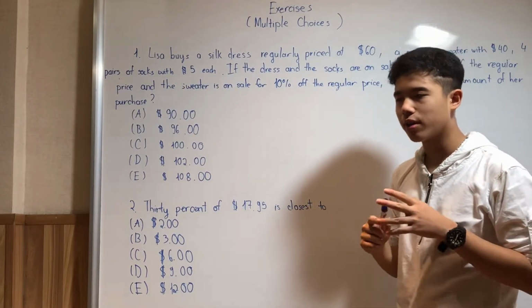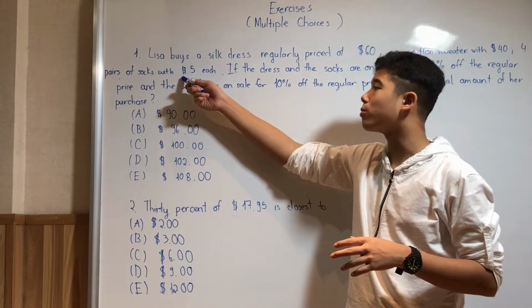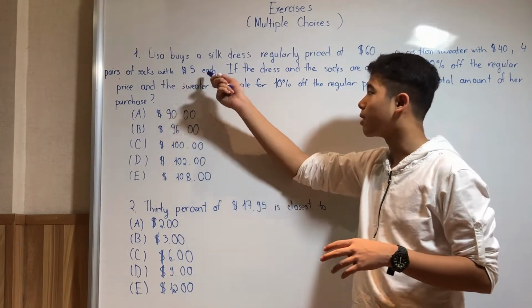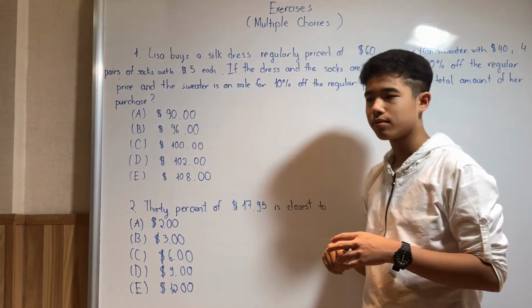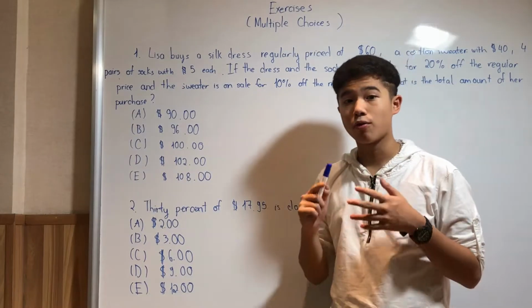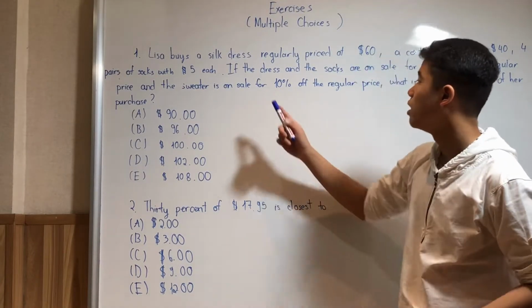One pair of socks is $5, so we have to multiply by 4 to find the total amount.